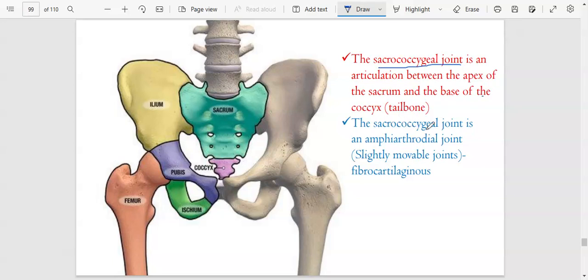The sacrococcygeal joint is an amphiarthrosis, meaning it is a joint that is slightly movable. So if you say amphiarthrosis, that is a joint that is slightly movable. Okay, so this is a fibrocartilaginous joint, which is found here.